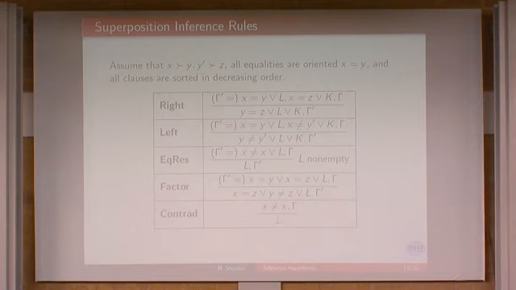What was left rule doing again? So left is x equals y, you're looking for, and x not equals y prime. So you're looking for two things of that form.